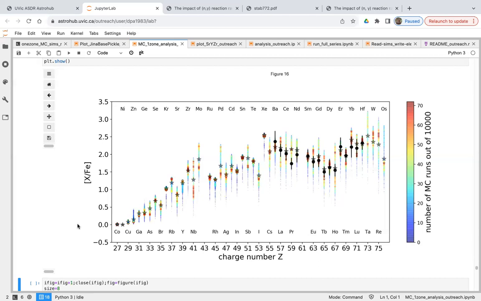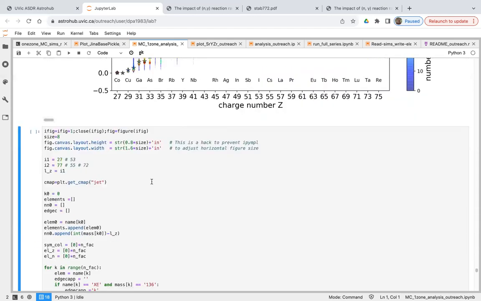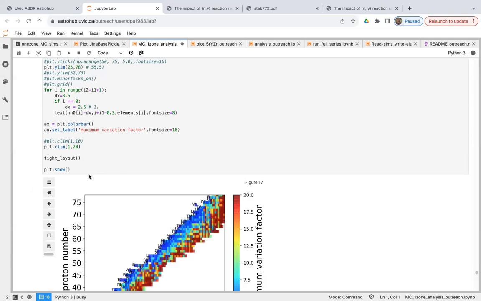As I explained to you last time, Hauser-Feshbach calculations with 20 different input data produce 20 different rates, and we use as a characteristic of uncertainty the ratio of the maximum predicted rate to the minimum predicted rate, which we call the maximum variation factor. So this plot is informative. And now let's make the next plot.